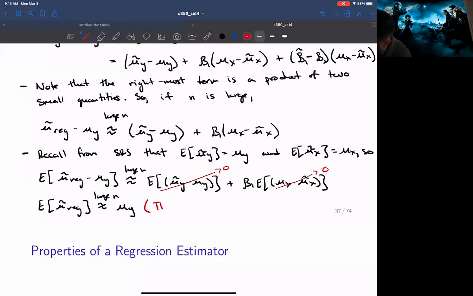So therefore, the expected value of mu tilde reg is approximately unbiased. I think I can fit the whole word there. Okay.